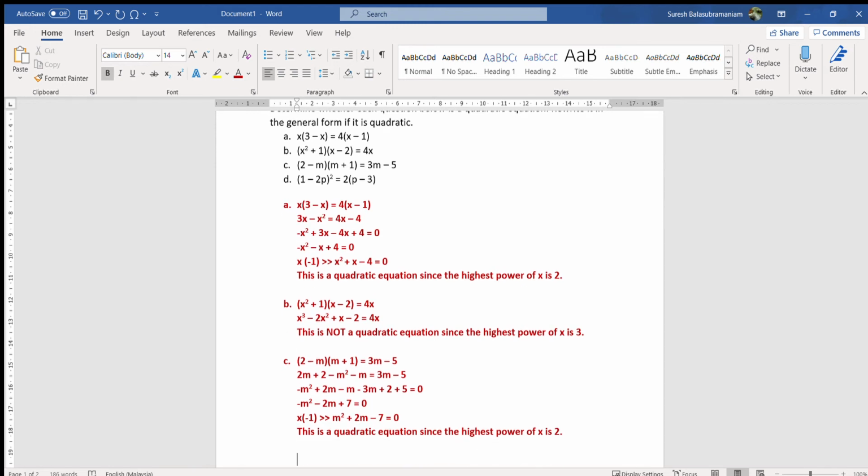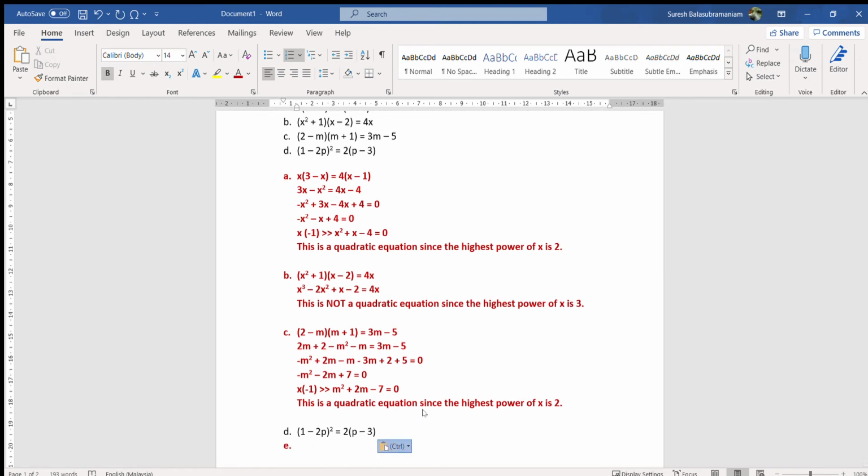Moving on to question D. Try to copy and paste the question from D. Okay, we got the question: (1 minus 2p) to the power of 2 equals to 2 in bracket (p minus 3).